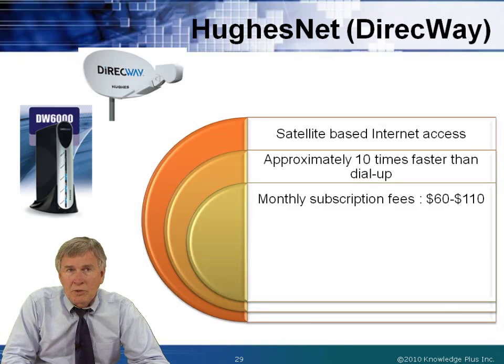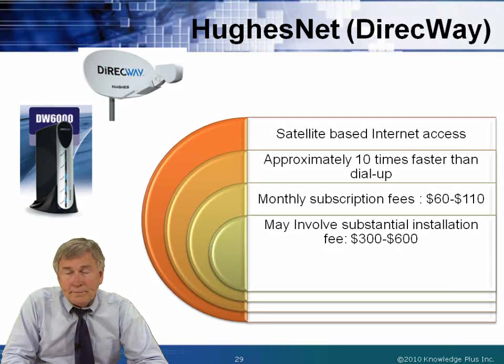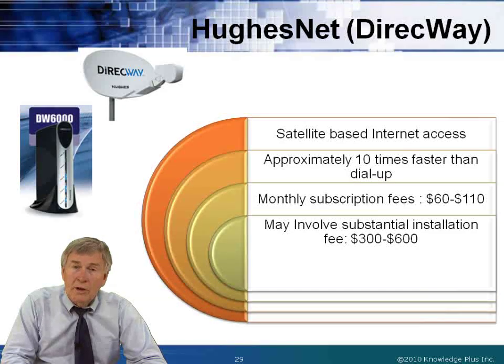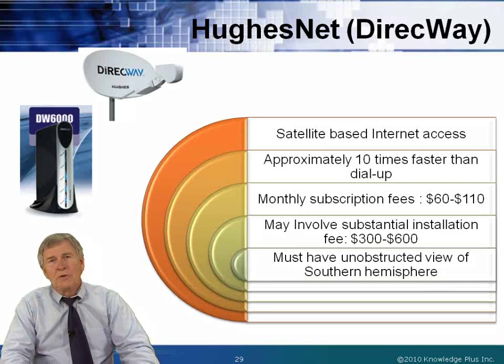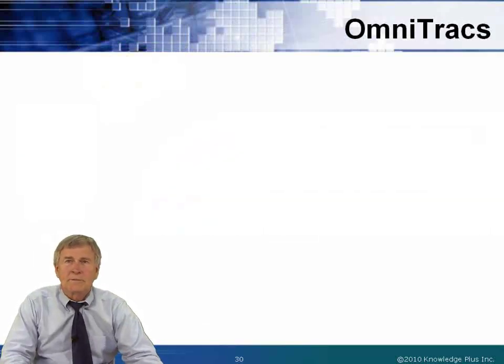Subscription fee is reasonable, and remember that this is great because it does not require any access to a telephone line unless you are dealing with uplinking. Uplinking may require access to a separate terrestrial line to access a hub through a terrestrial connection. But you must have an unobstructed view of the southern hemisphere.